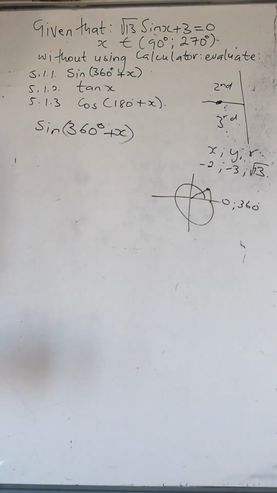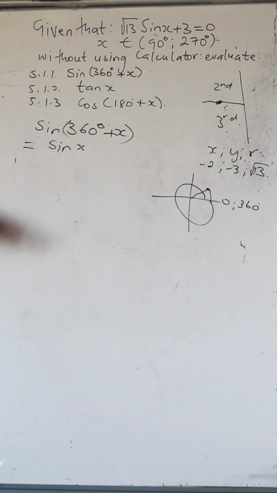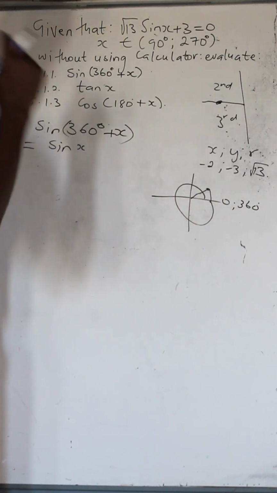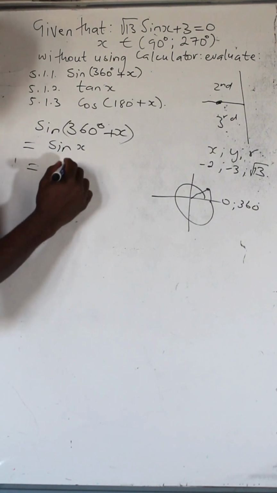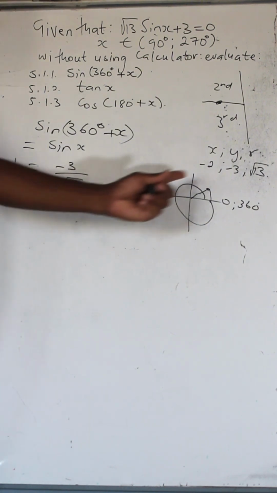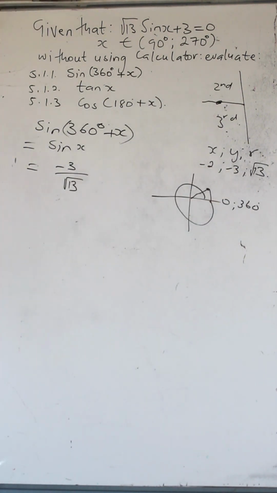So if we were to reduce this, the sine x will be positive and is reduced. So we know already that the sine x for this particular expression is minus 3 over square root of 13, as defined by minus 3 over the square root of 13.